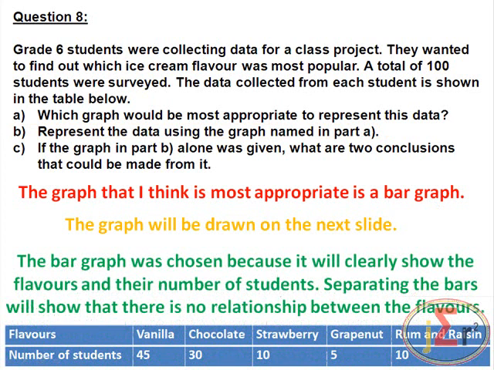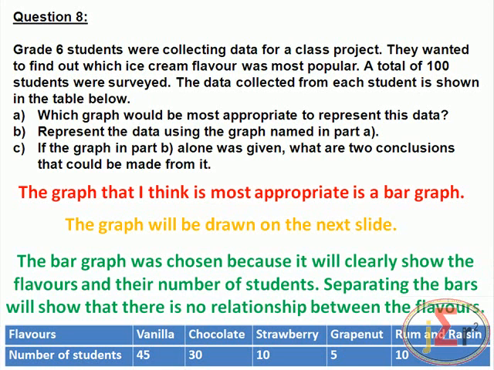The bar graph was chosen because it will clearly show the flavors and the number of students associated with those flavors. Separating the bars will show that there is no relationship between the flavors.